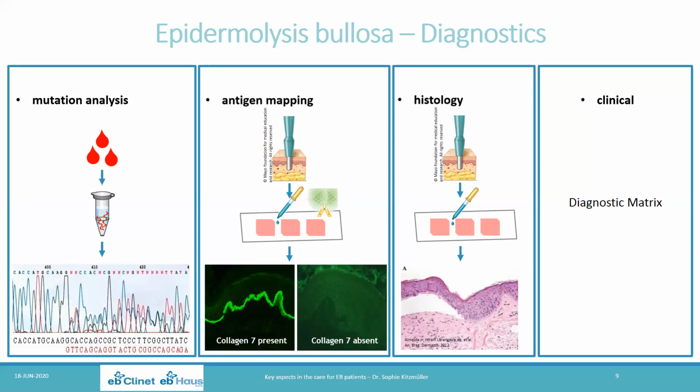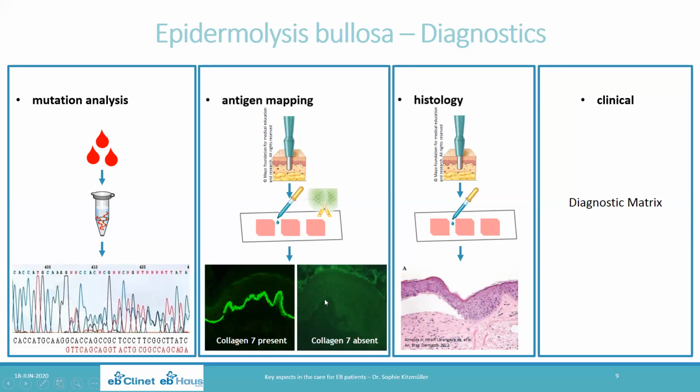What you basically do there is look whether a certain protein is present or not. So as you can see here, this is healthy skin where collagen 7 is present, and it gives you a nice light green stain.